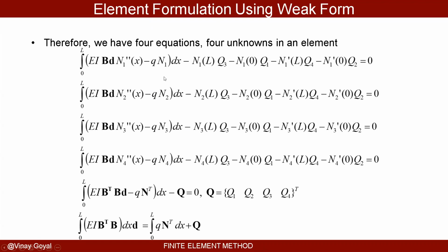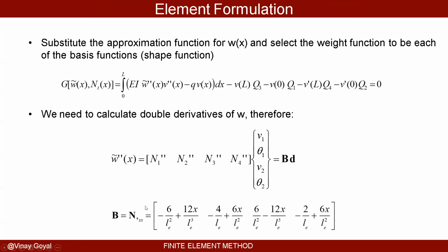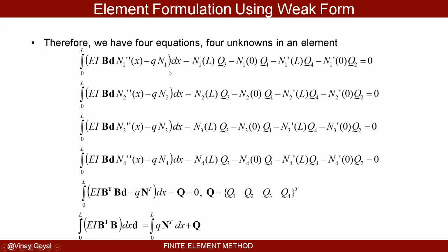And if you notice very carefully, this column, if I put all these things into equations, you will see that I have this column vector: N1 double prime, N2 double prime, N3 double prime, N4 double prime. Isn't that the same thing as this B bold, but transpose? So yeah, the whole idea of finite elements is to write things very quickly.